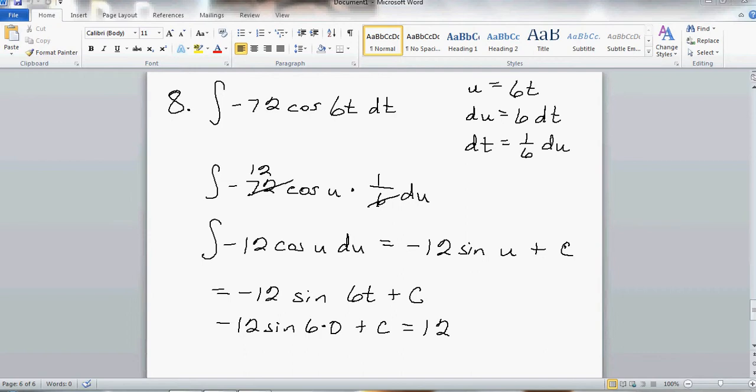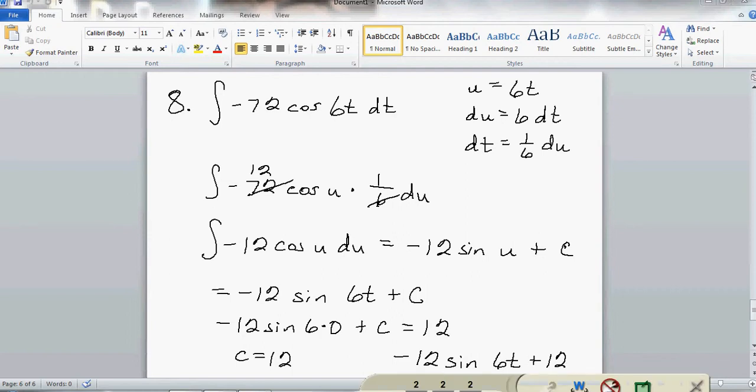So let's see. Sine of 0 is 0. Negative 12 times 0 is 0. 0 plus c is 12, so that means c equals 12. So what our first derivative would equal would be negative 12 sine of 6t plus 12.